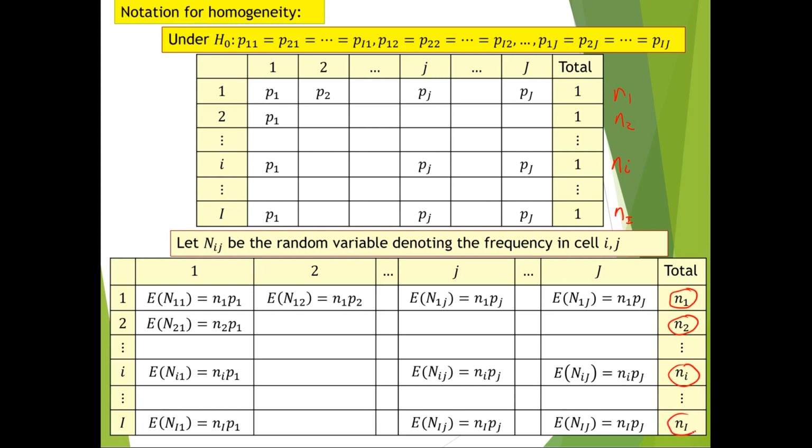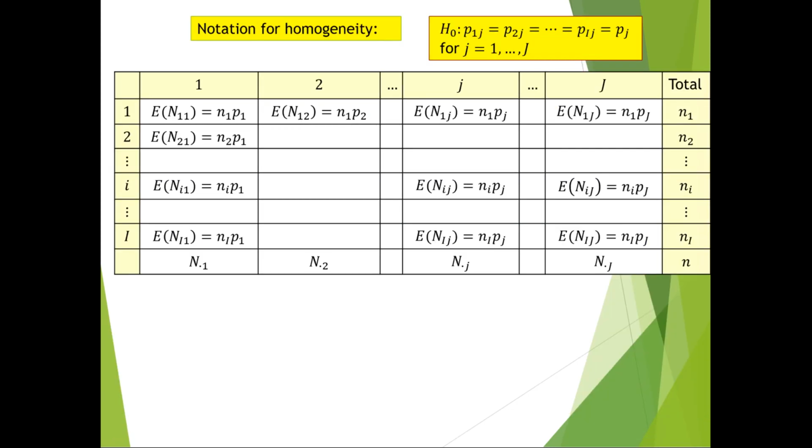So we have to estimate these such that this will hold. So given then that these are our expected frequencies, and when the null hypothesis is true, how can we estimate Pj?